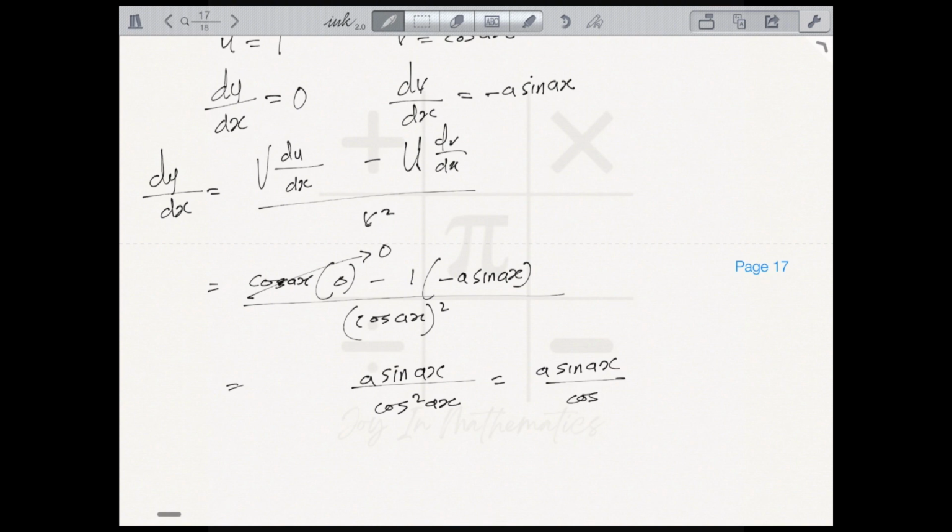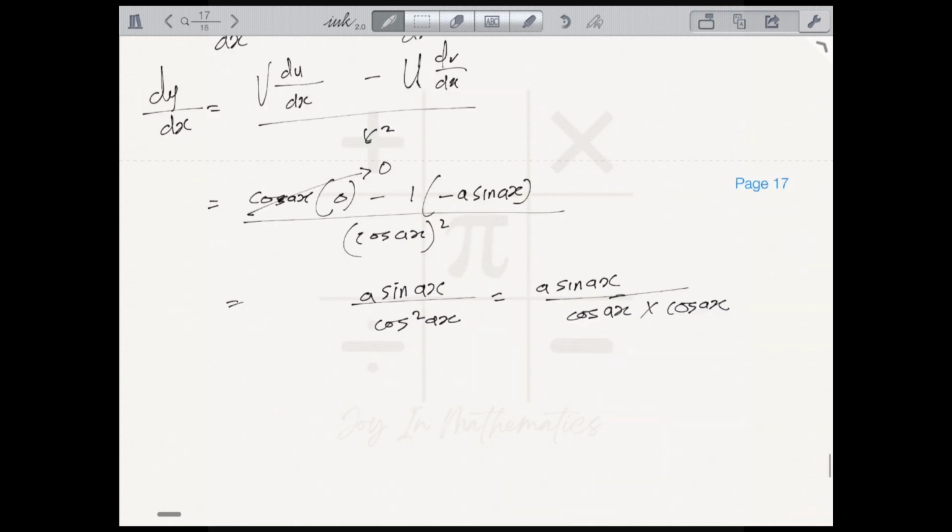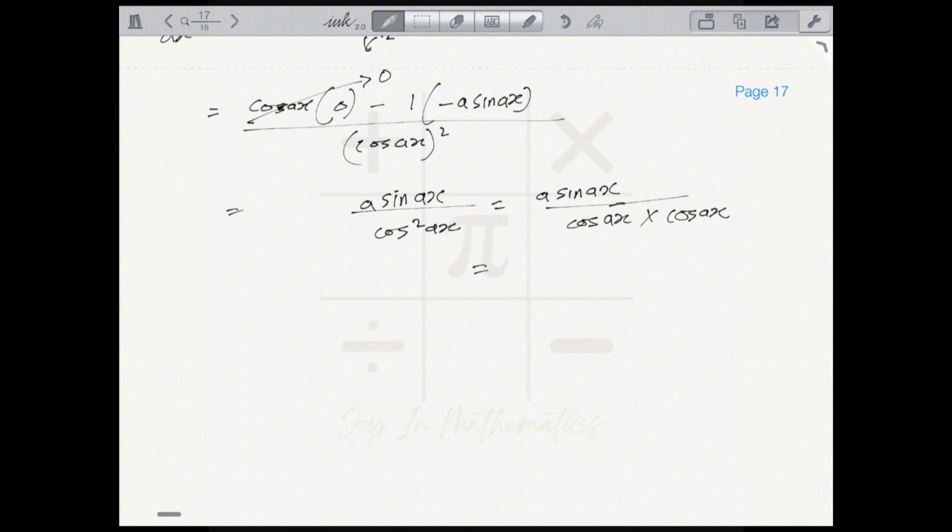That is a sine ax divided by cos ax multiplied by cos ax, and this implies a multiplied by sine ax over cos ax, multiplied by 1 over cos ax. Sine over cos is tan, 1 over cos is sec.